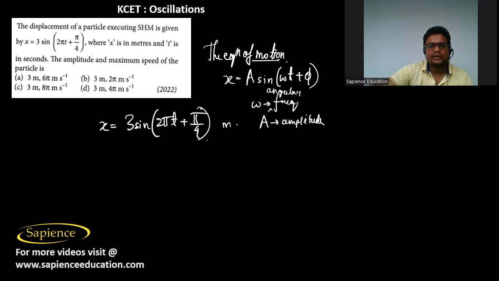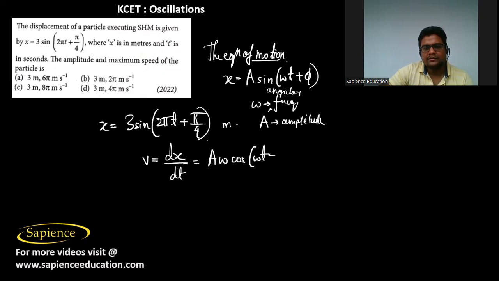If we want to find the speed, then we have to find v, that is dx by dt, which will be equal to a omega cos (omega t plus phi). Therefore the maximum speed will be equal to a omega, and here a is the amplitude.